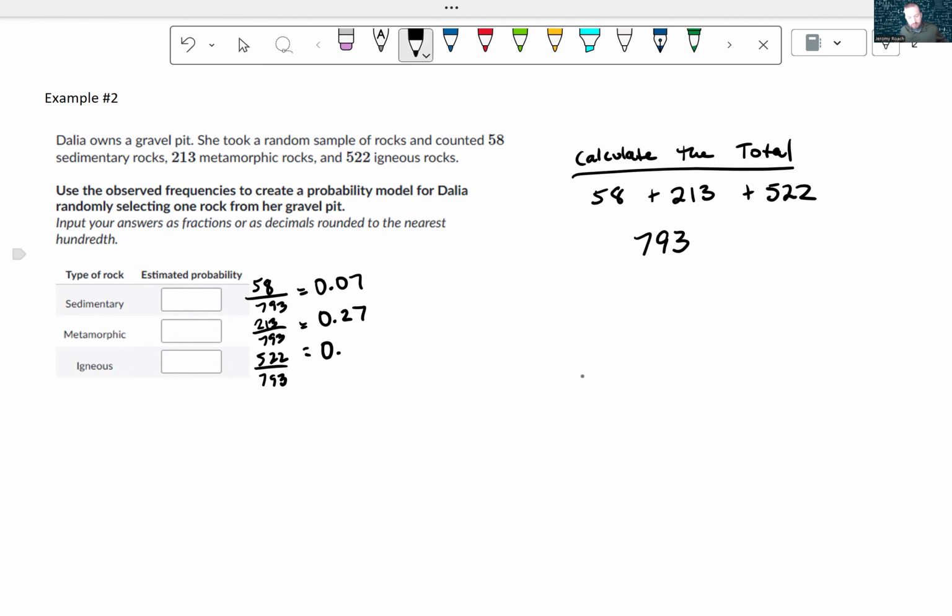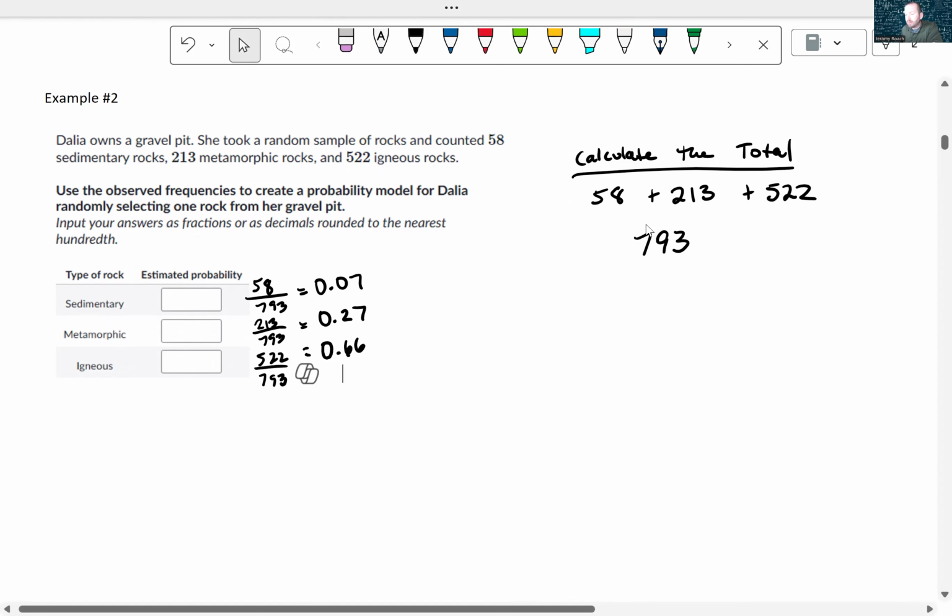And then the last one looks like that would give us 0.658 or 0.66. So these should add up to 1.0, but if you end up rounding them, sometimes they don't. Sometimes they just add up to 0.99. But that's essentially what we need to do for these problems.